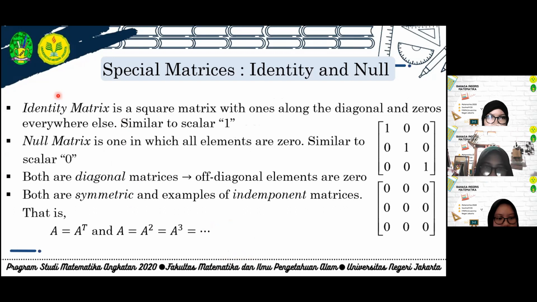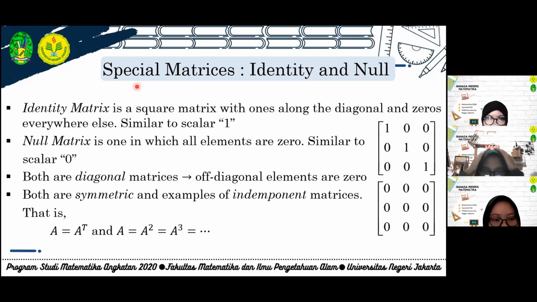Now we have special matrices. On the right side, we have the identity matrix, similar to scalar 1. A null matrix is one in which all elements are 0, similar to scalar 0.